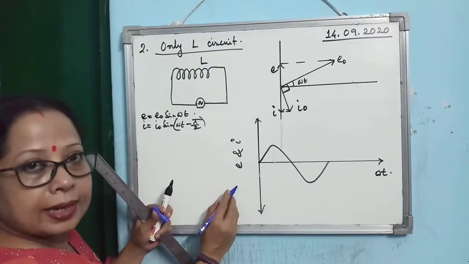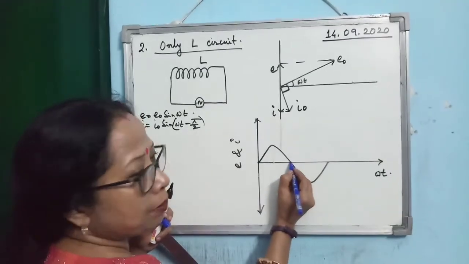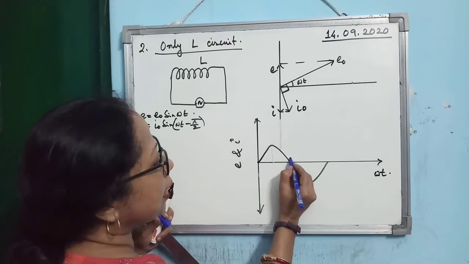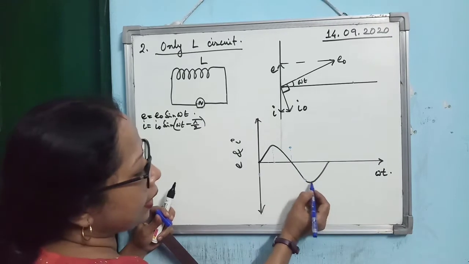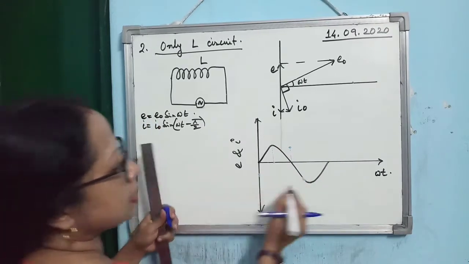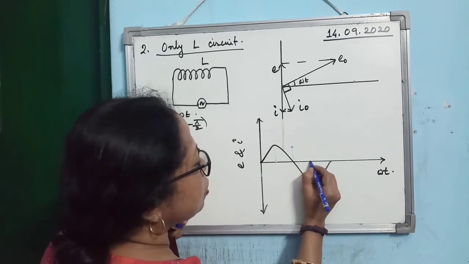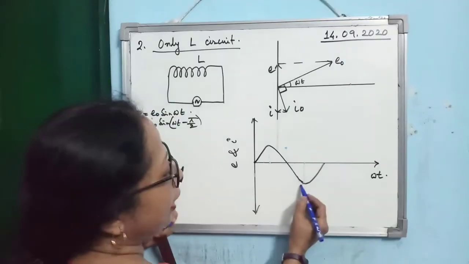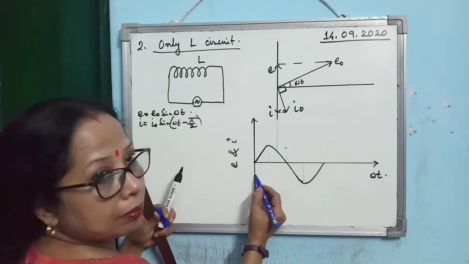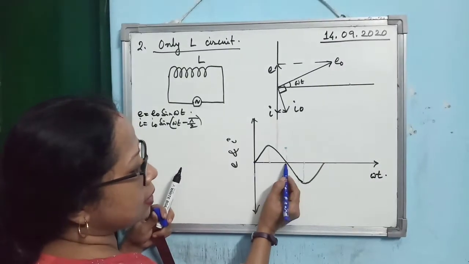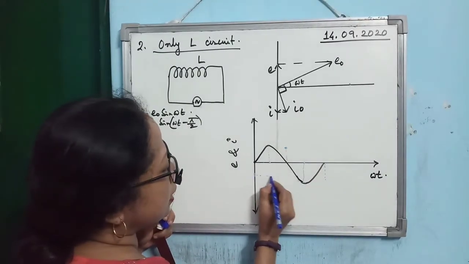Then again, when E is minimum, I will be maximum in the opposite direction. So this will be the point. Again, when E is maximum, I will be minimum. So this is the point. Again, when E is 0, I is maximum in this direction, then it will be maximum again in the opposite direction.